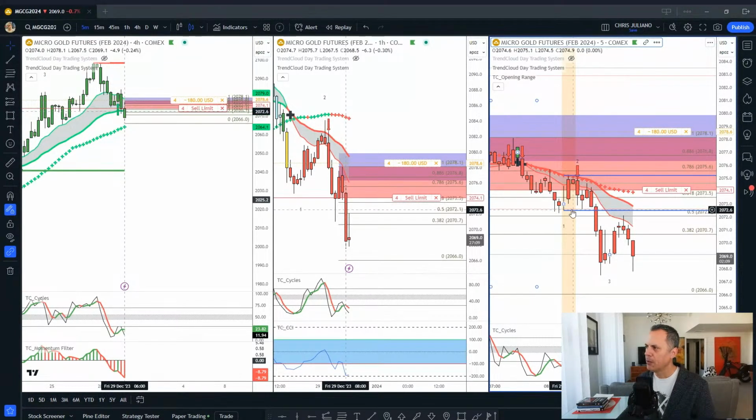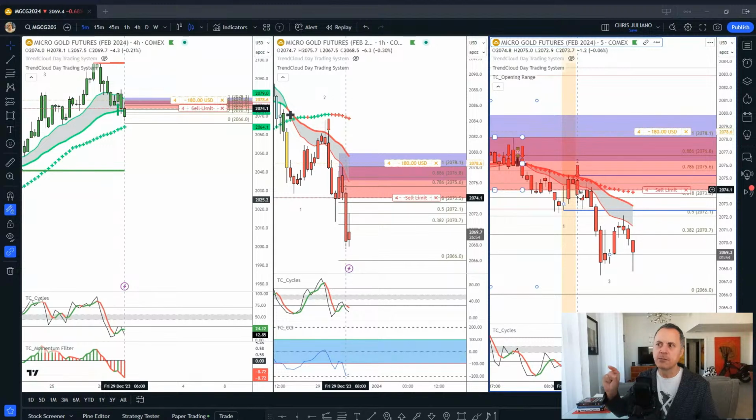Look at this. During the opening range formation, right at 8:30, right? And in the trade plan, I tell you guys, 7 a.m. to 11 a.m. That is the sweet spot for these momentum moves in the futures market.